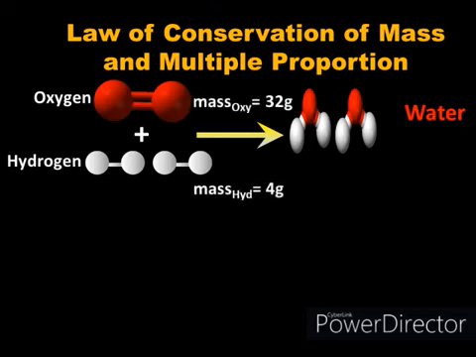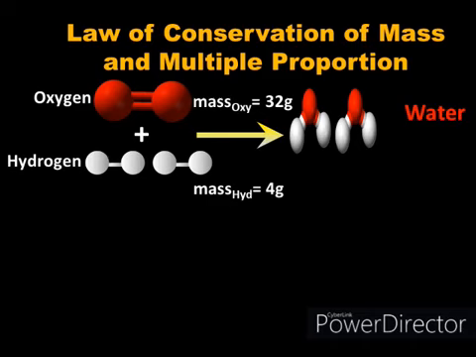The atomic mass of oxygen is 16, so when two atoms of oxygen combine, their net atomic mass is 32. Similarly, the atomic mass of hydrogen is 1, and the mass of two molecules of hydrogen will be 4.